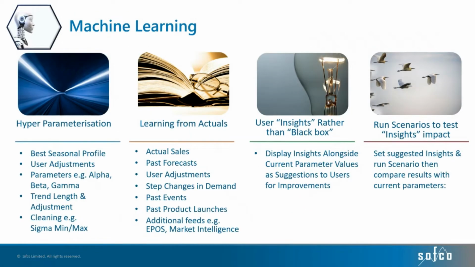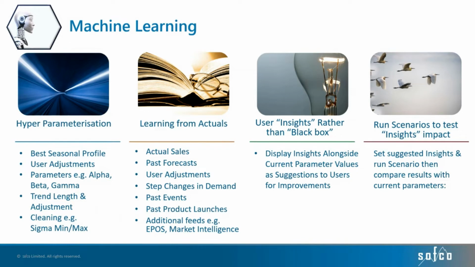Now, in terms of machine learning, the Sofco approach, we call it hyperparameterization, and the point is that we want to have a system that isn't a black box that the user doesn't understand but provides insights.